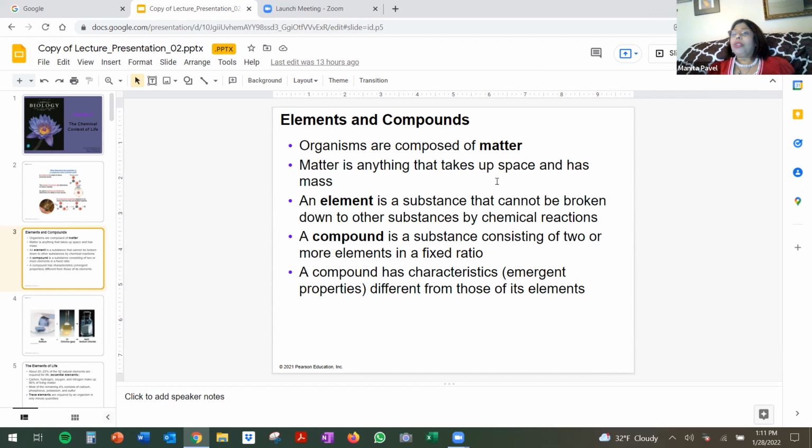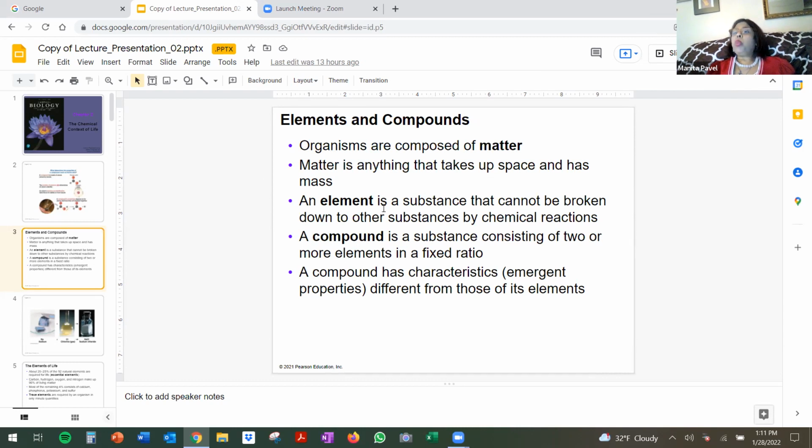In addition to the cells, the tissues, the organs, the organ systems that we talked about in the first chapter, which is the hierarchical organization, we also have non-living components such as elements, compounds, atoms, molecules.